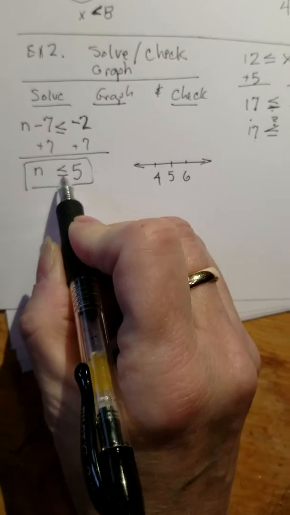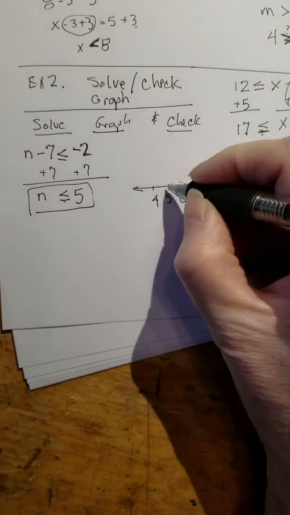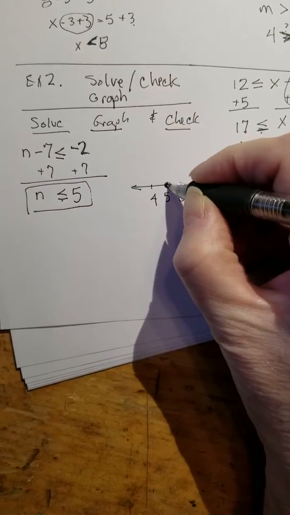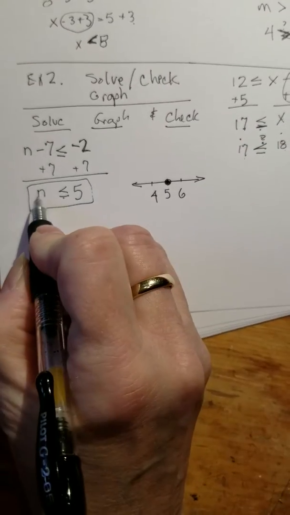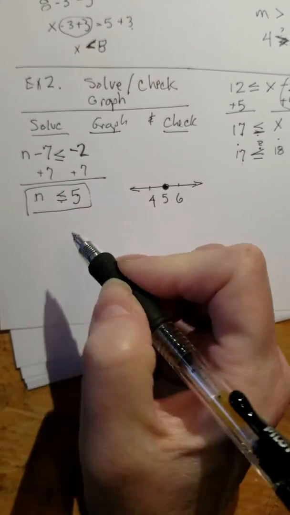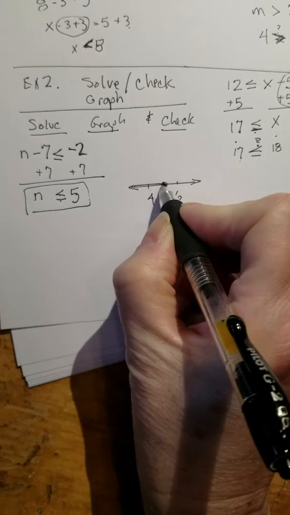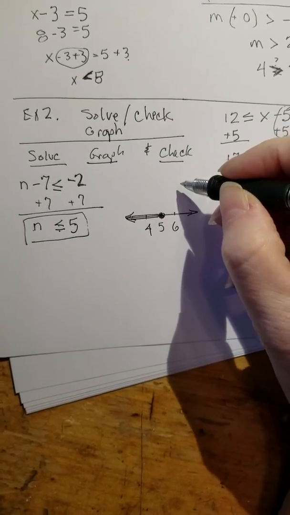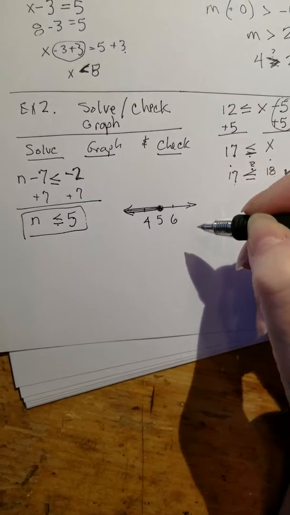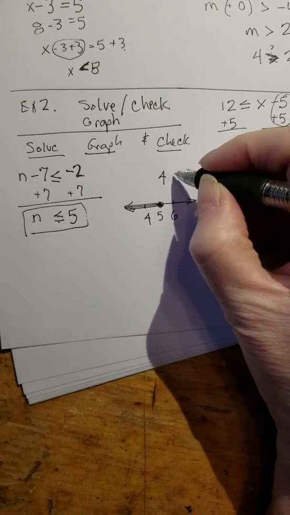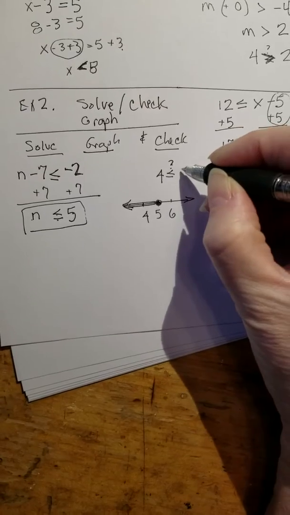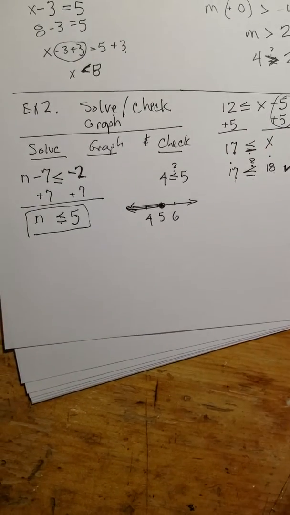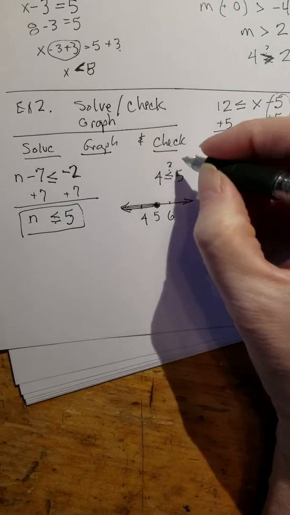Less than or equal, so it'll be a solid circle over the 5. And n is less than or equal to 5. This is in a normal direction that we're used to, so we're going to go this way. Now I'm going to check. I'm going to grab this number, 4. Is 4 less than or equal to 5? Yes, it is. Okay, good job.